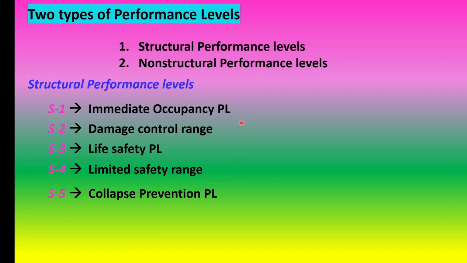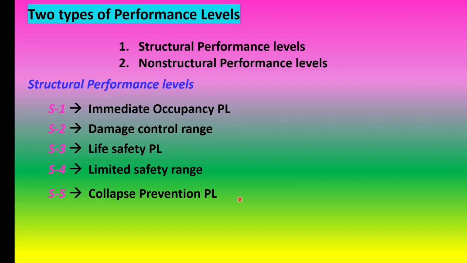So, in this slide what we have seen is that structural performance levels have been quantified and given as designations ranging from S1 to S5. These are termed as immediate occupancy performance level, damage control range, life safety performance level, limited safety range, and collapse prevention performance level. Now, certain buildings can be there where you have not considered the structural safety at all.